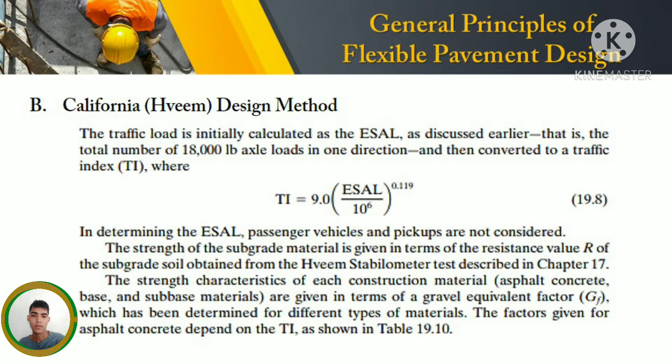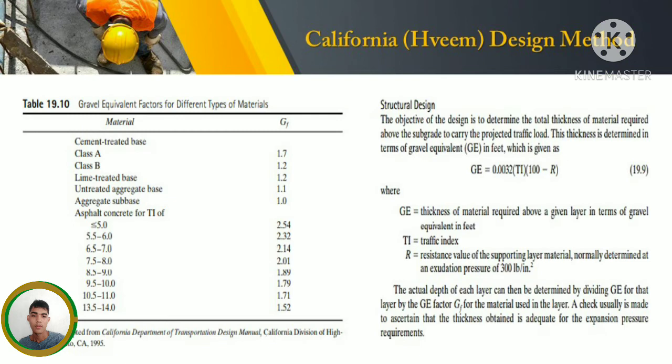The strength characteristic of each construction material, asphalt concrete, base, and sub-base material, is given in terms of gravel equivalent factor, which has been determined for the different types of materials, and the factors given for the asphalt concrete depend on the TI as shown in table 19.10. Here is table 19.10. It is for the gravel equivalent factors for different types of materials.